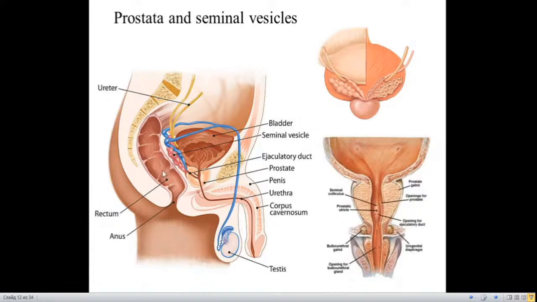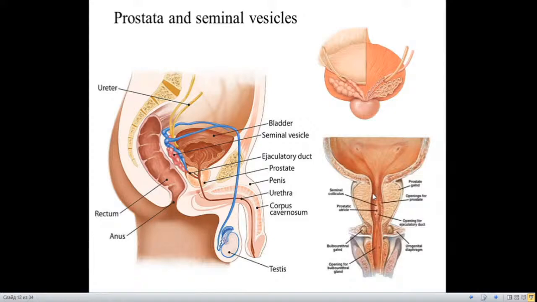Later I'll explain the clinical significance of this anatomical relation. The seminal vesicles are also an exocrine gland. They secrete the liquid component of semen rich in fructose, which provides energy for sperm.